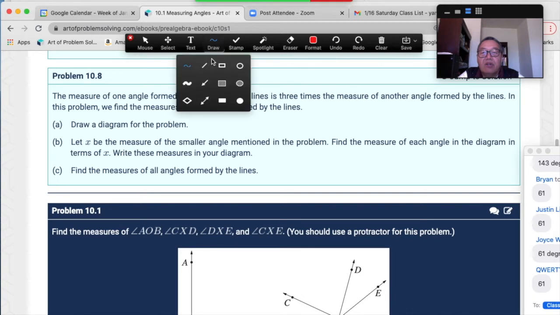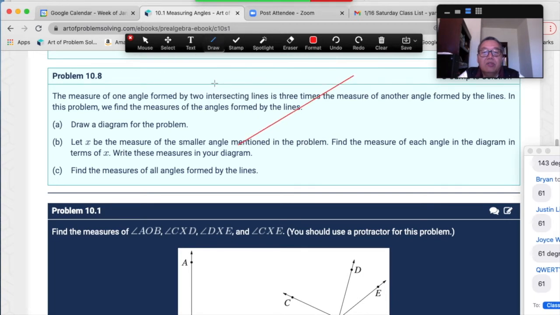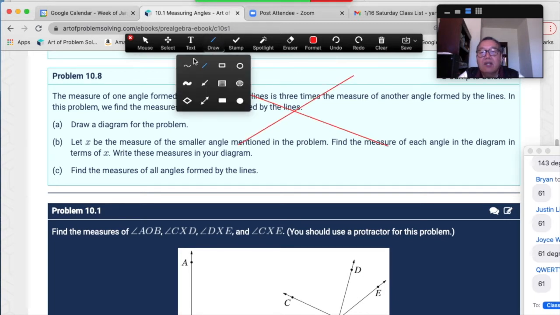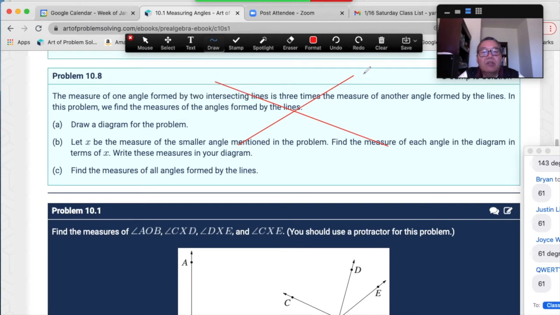Now let's draw these two intersecting lines here. Suppose this is line M, this is line L. It does not matter what letter you use. So this says 3 times the measure of another angle formed by the lines. So suppose this angle equals x, they tell you this angle will equal 3x, right?